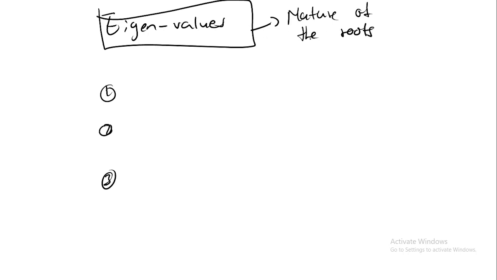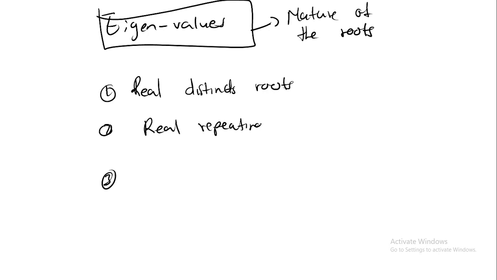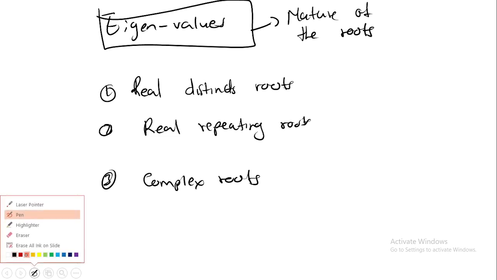The first nature of the root that I believe everyone is familiar with is real distinct roots. And then we have the second, which is real repeating roots, and the last one is what we call complex roots.